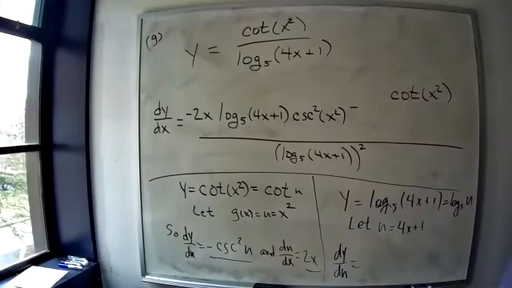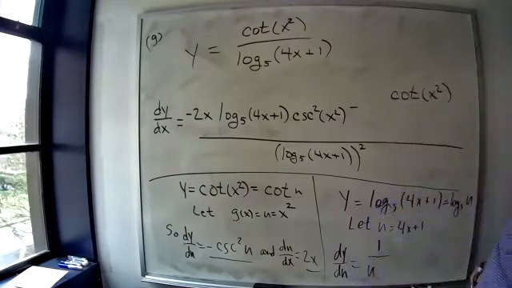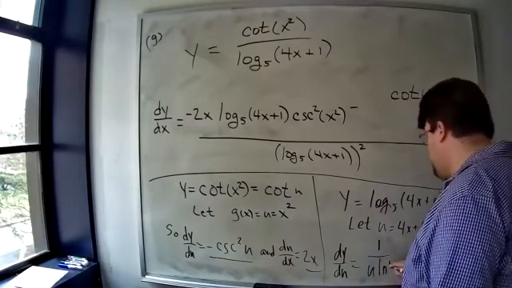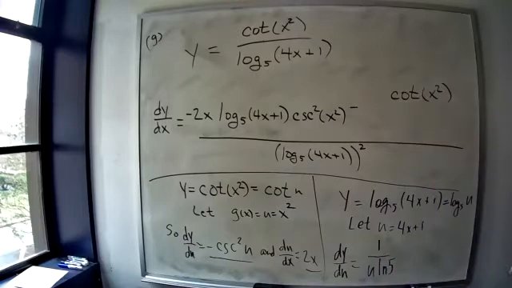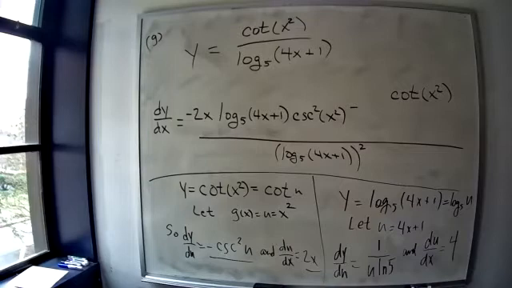Log of u with base 5, the derivative of that is 1 over u, the same as the natural logarithm derivative, except we multiply the bottom by the constant natural log of 5. Du dx is 4 plus 0, so just 4.